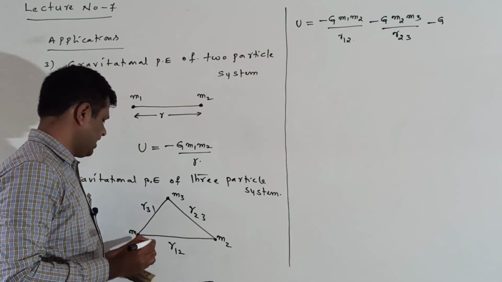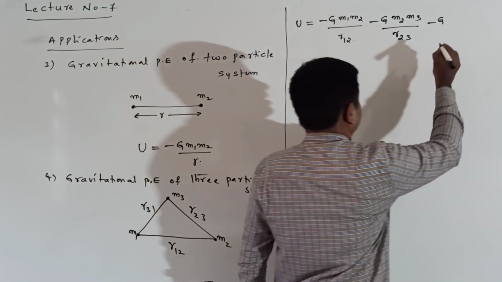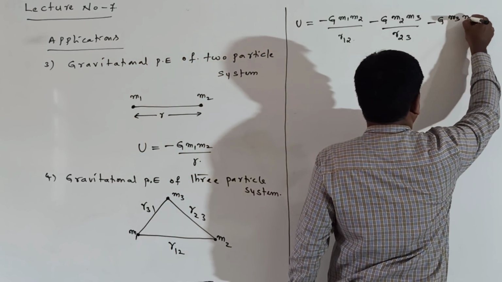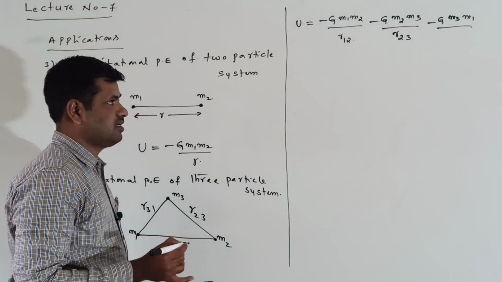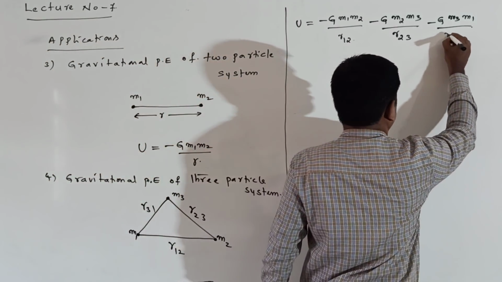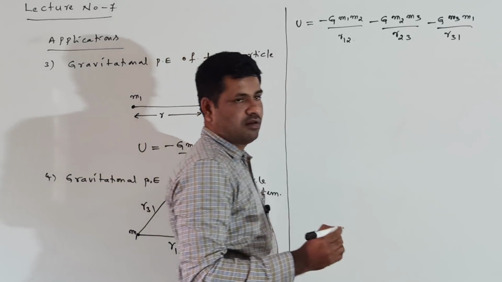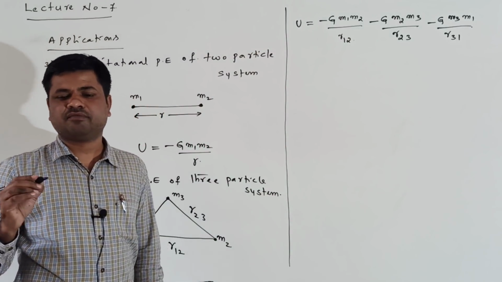Next consider m3 and m1, minus G m3 m1 by r31, they are separated by distance r31.